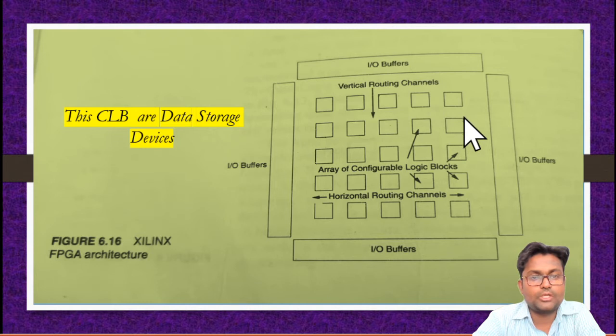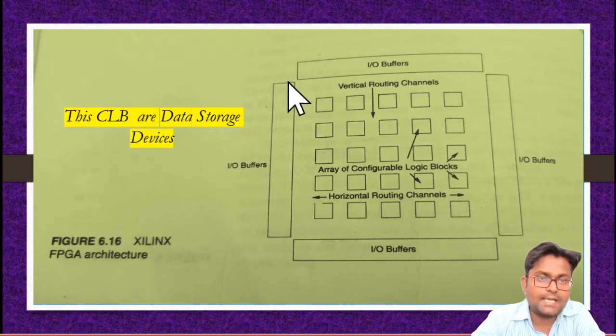Now you can see this square structure is covered by input output buffers. Now what is this input output buffer? When we need to provide any input to these configurable logic blocks, or we want to get some output from these configurable logic blocks in this FPGA structure, at that time we can use this input output buffer.